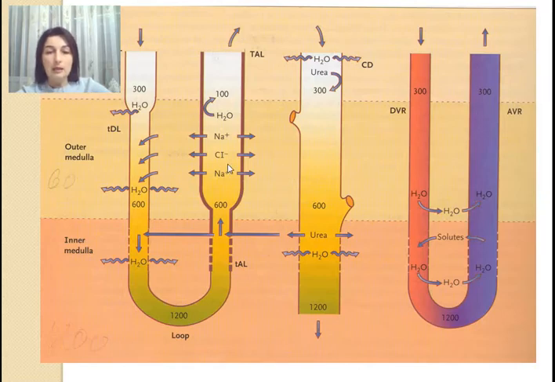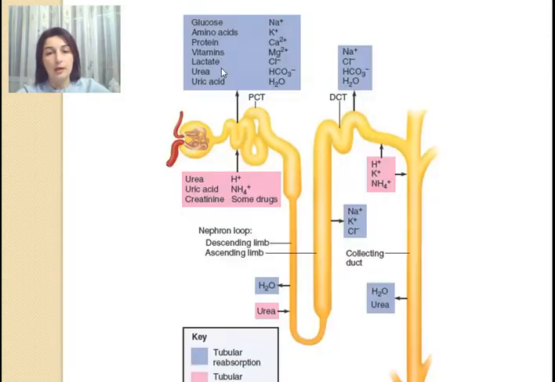So in distal straight tubules there are sodium potassium pumps, and the process of active reabsorption of sodium and chloride ions will lead to decreasing of the concentration of the urine.